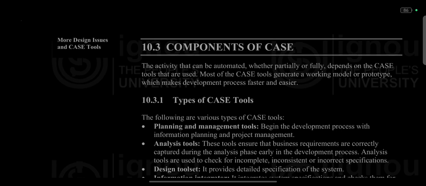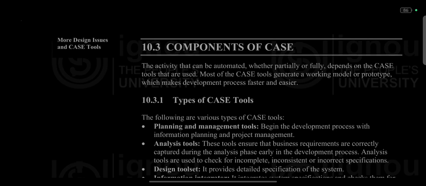The activity that can be automated, whether partially or fully, depends on the CASE tools that are used. Most of the CASE tools generate a working model or prototype, which makes the development process faster and easier. Types of CASE tools. The following are various types of CASE tools.